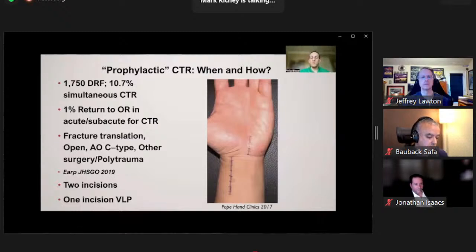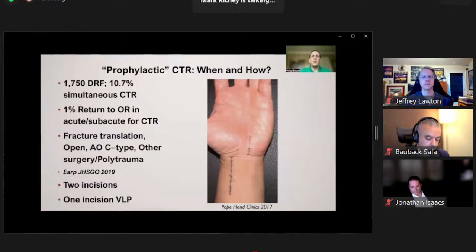Retrospectively, we were unable to sort out how many of these were for acute symptoms versus what you might really call prophylactic carpal tunnel release. But despite doing almost 11% of these simultaneously, we had about 1% of them return to the operating room in the acute and subacute period, not even taking account the late period for subsequent carpal tunnel release.